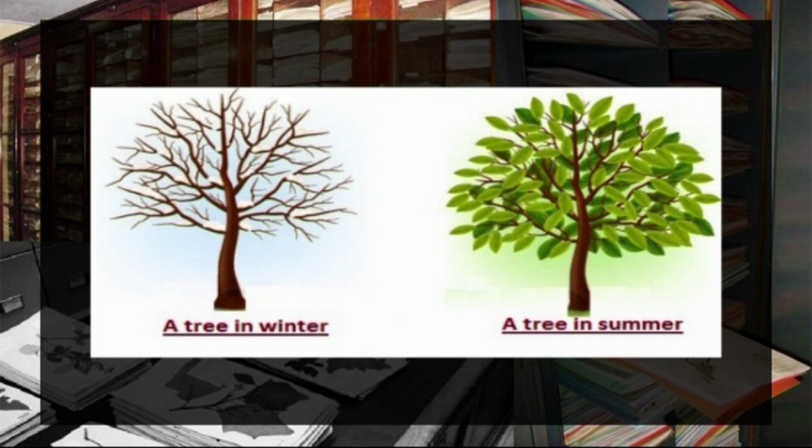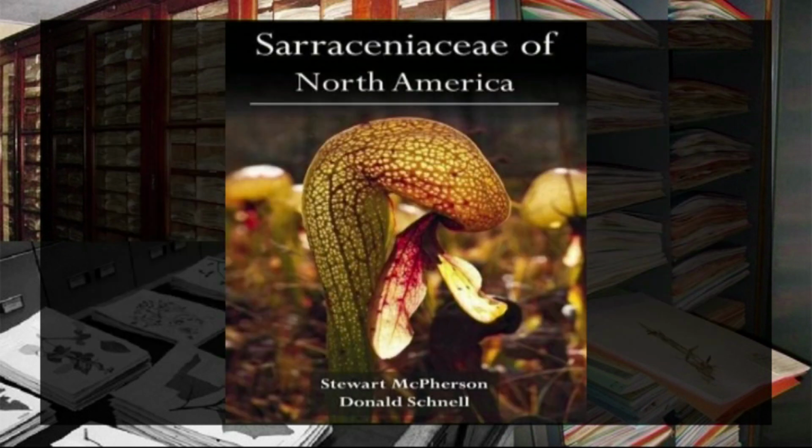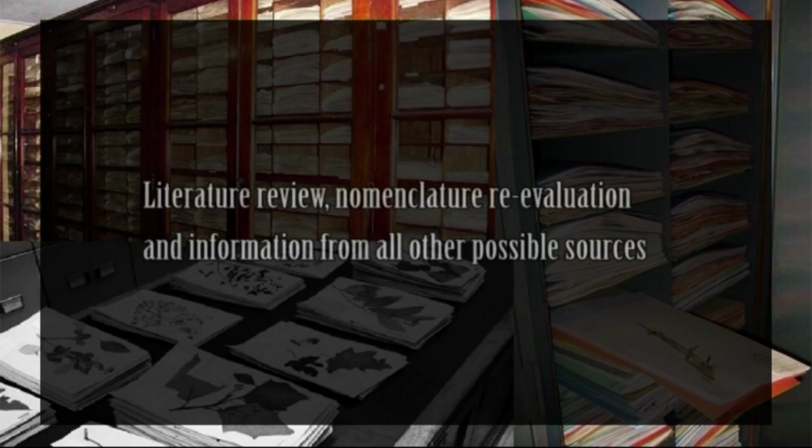A monograph is a comprehensive study of a particular taxon, such as a family or a genus, etc. It has exhaustive information on the taxon, including literature reviews, nomenclature reevaluation, and information from all other possible sources gathered and analyzed.